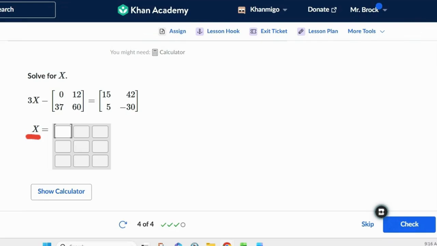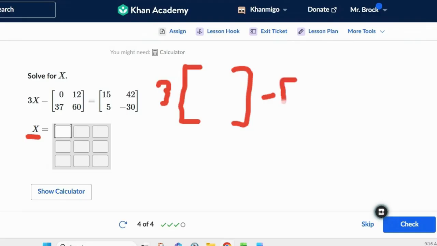Because they gave us a 3 by 3. Is matrix X a 3 by 3 matrix? It shows a 3 by 3, right? 1, 2, 3. Would that work if we make this 3 times and we have a 3 by 3 matrix? And then we're subtracting this 2 by 2 matrix, and it's going to equal a 2 by 2 matrix.